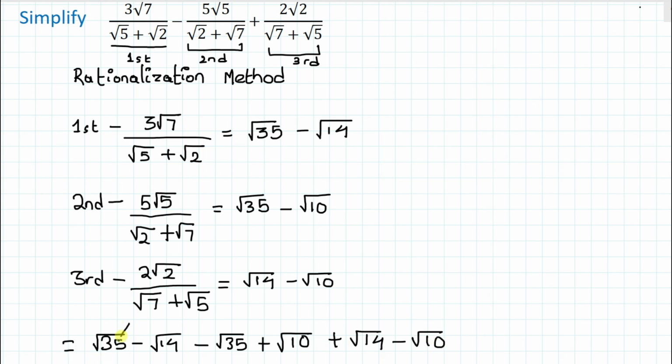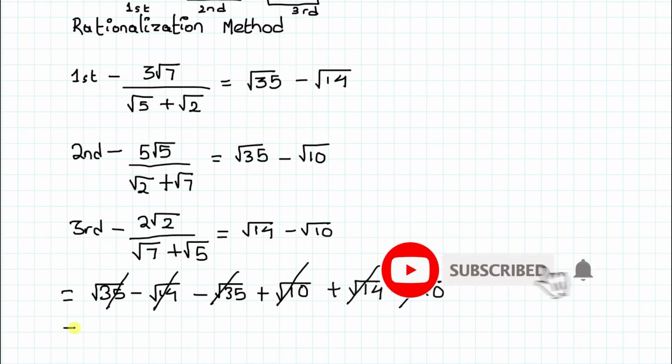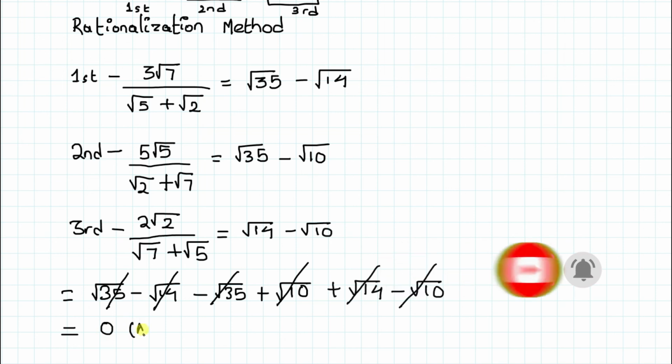As here is a minus sign, this negative sign will become positive. So now root 35 minus root 35 gets cancelled out. Root 14 here plus root 14 gets cancelled out. Root 10 minus root 10 is also cancelled out. So the answer we get is 0. 0 is the answer of this problem.